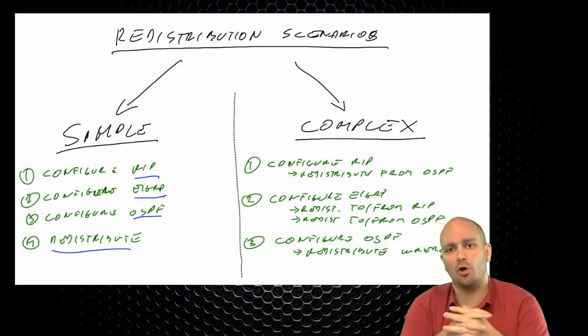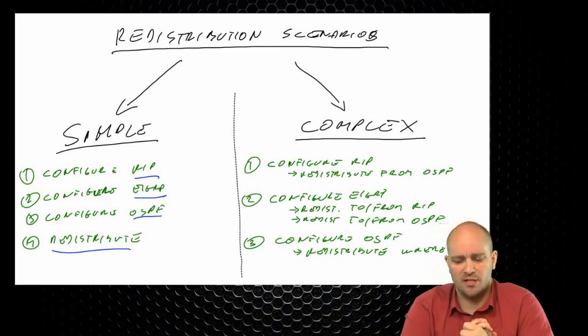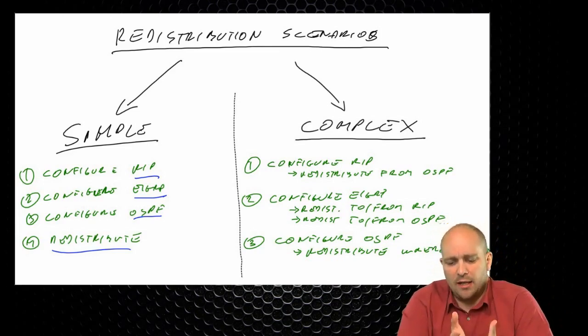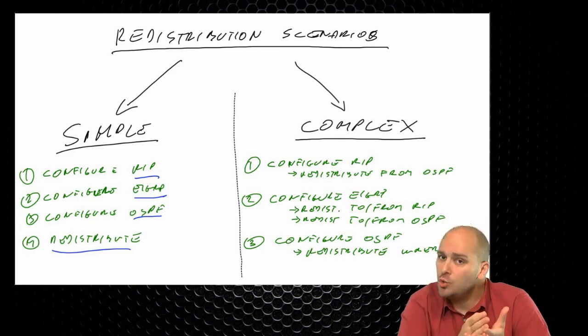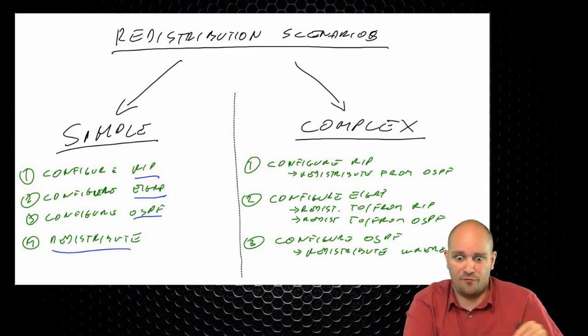Now, take a look at the more complex scenario. It says configure RIP and redistribute from OSPF. Can you actually get RIP points without correctly configuring OSPF? You cannot, because you are expected to get those routes in RIP. Now, take a look at the OSPF task. It says redistribute where needed, let's say for full reachability.